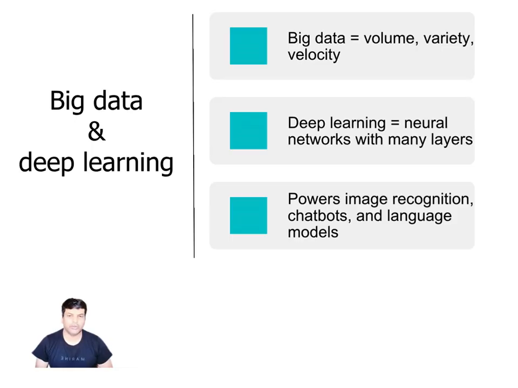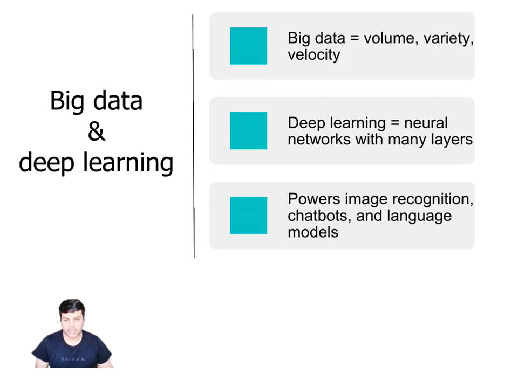Some well-known examples of open data sets include, number one, Kaggle data sets for machine learning and analytics projects. Then we have World Bank open data for economics and development indicators. Then we have the EU open data portal for European public sector data. In Finland, we have Statistics Finland for demographic and economic data.